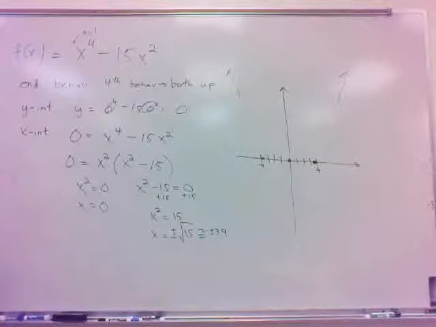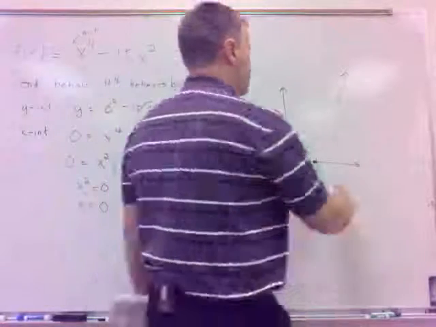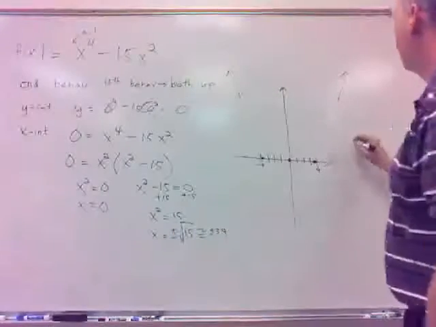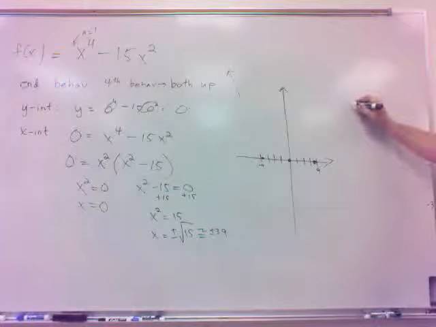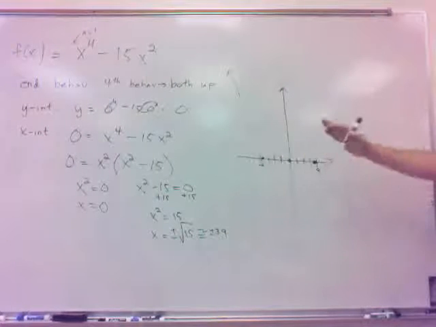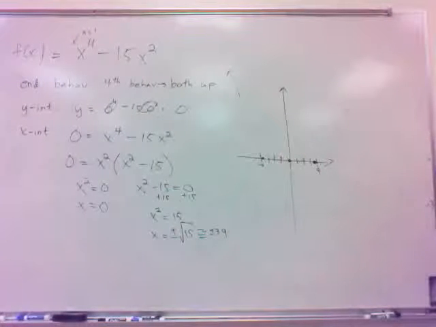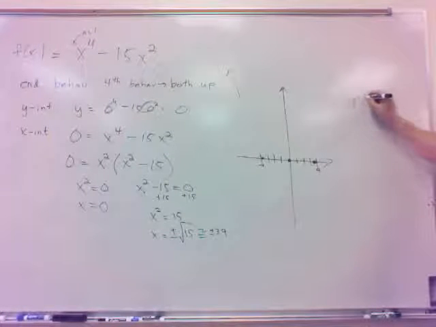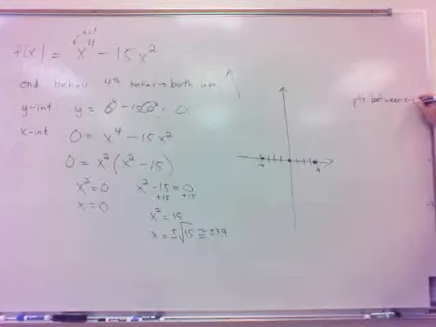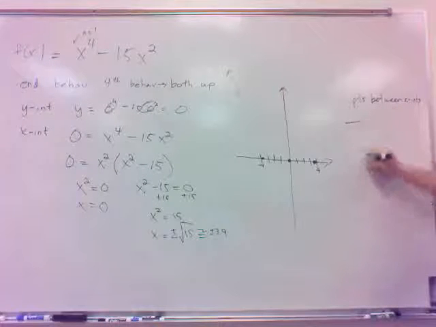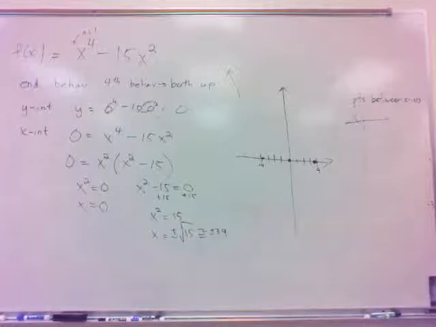All right. So again, that gives me a little bit to go on, but I do need some other information here. And the other information that I'm going to use, like I said, for these fourth degree, third degree, let's look at points between the x-intercepts. What points might we get here?